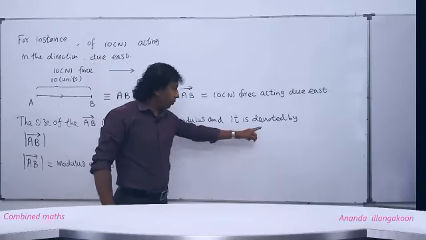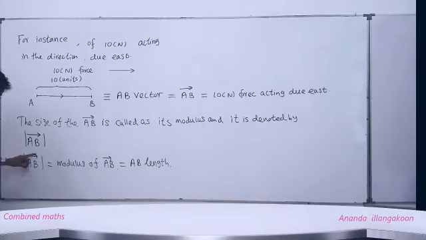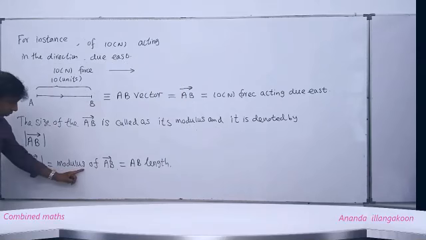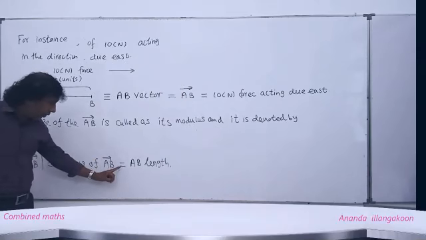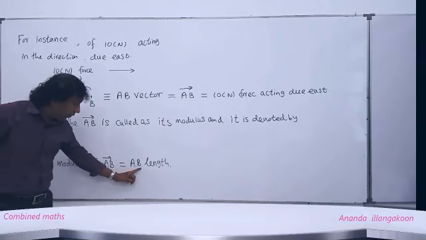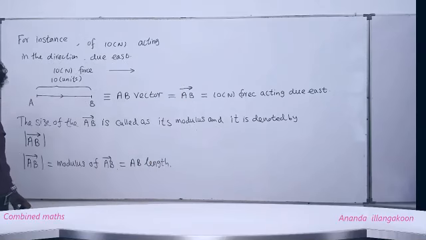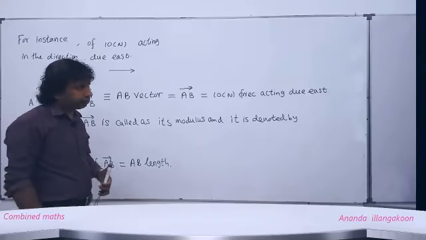It is denoted by the AB vector modulus. So the same thing I wrote: modulus of AB vector is, people, equal to AB length. Understood? AB length.